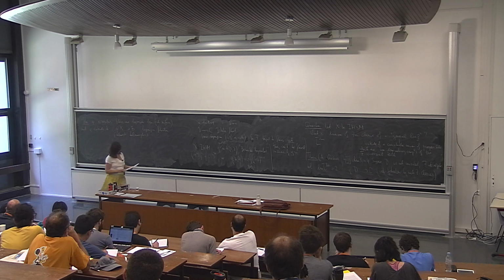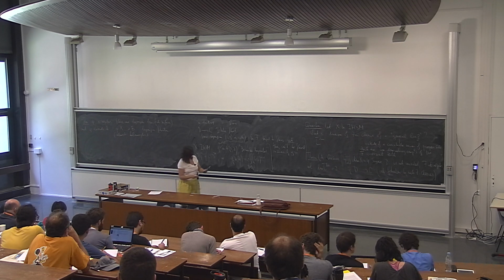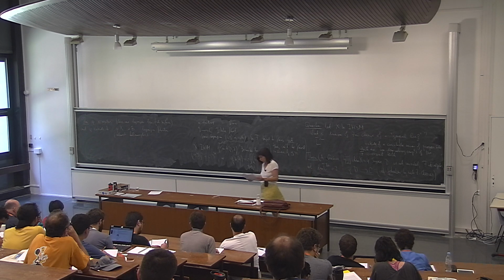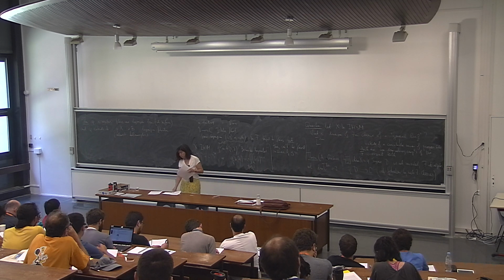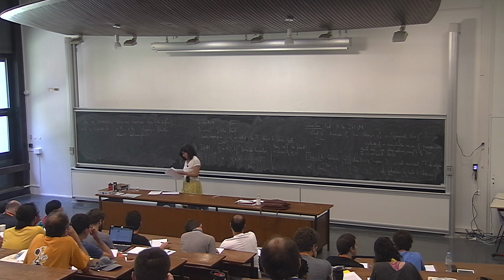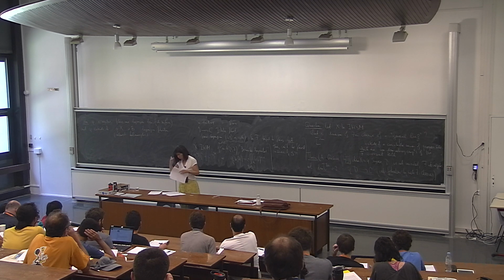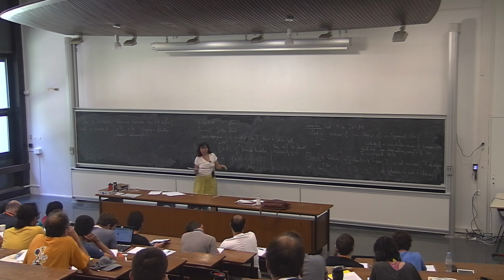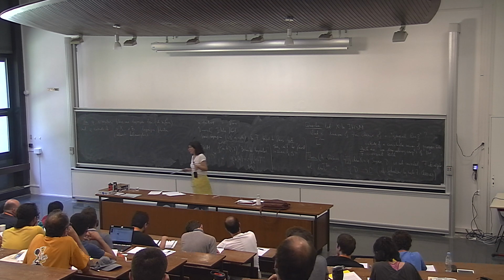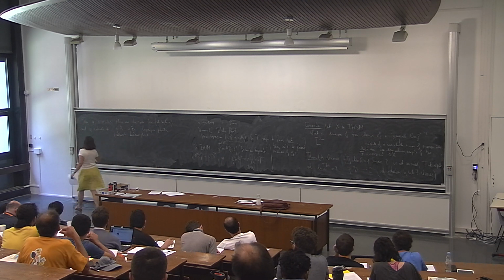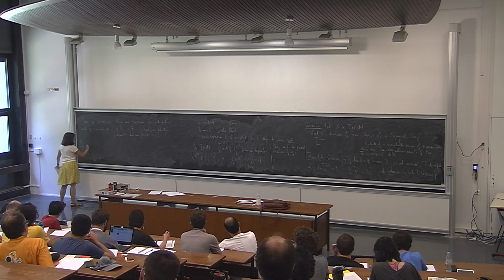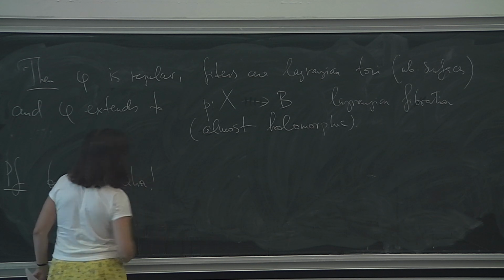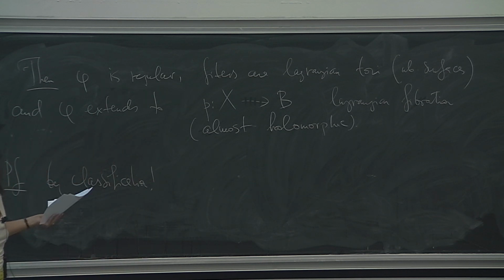Okay, so what is the idea of this proof? In fact, our proof was valid also in the compact Kähler case, and it went by classification. It went by classification of foliations of surfaces.